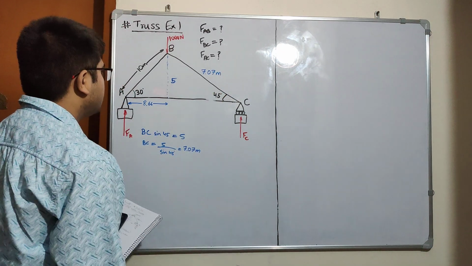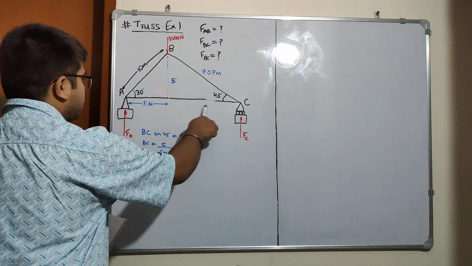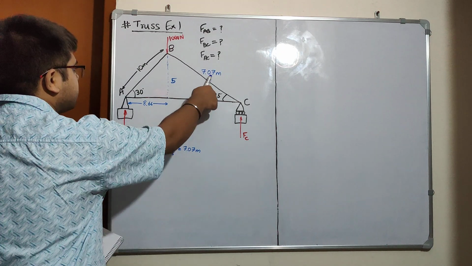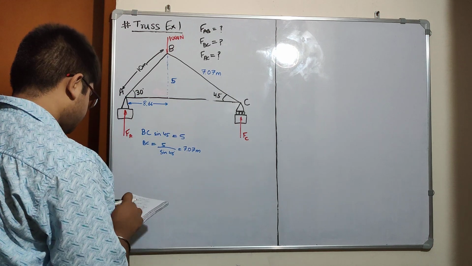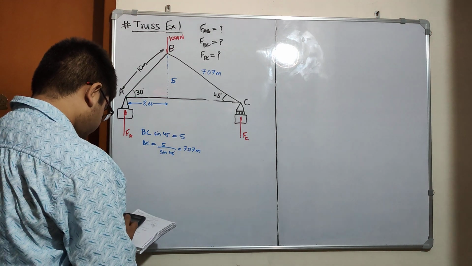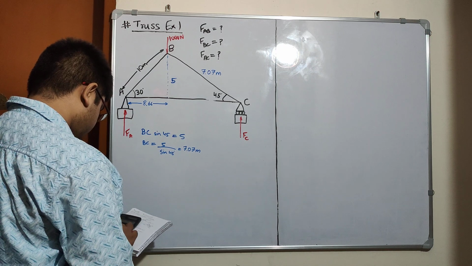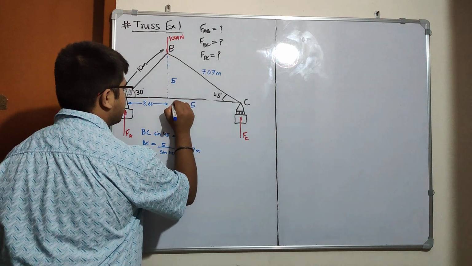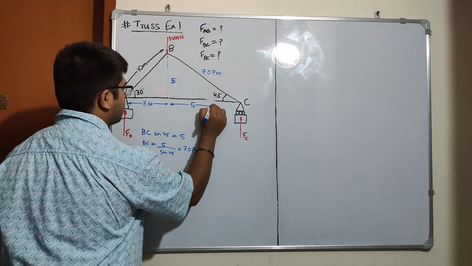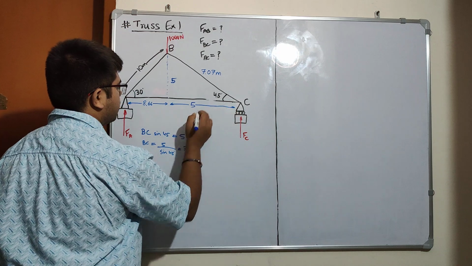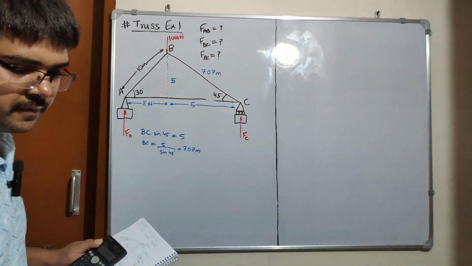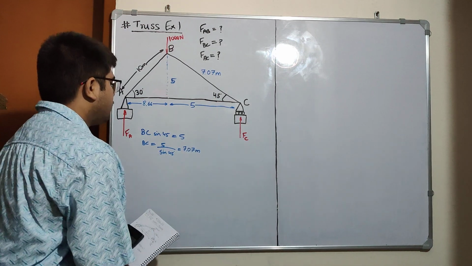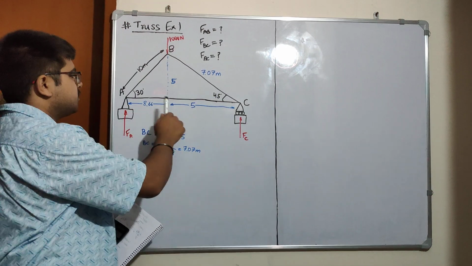This one's length would be 7.07 cos 45, so this one would be 5. Now we have found all the geometries.